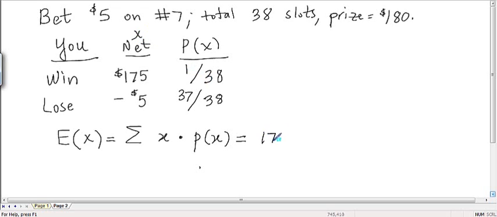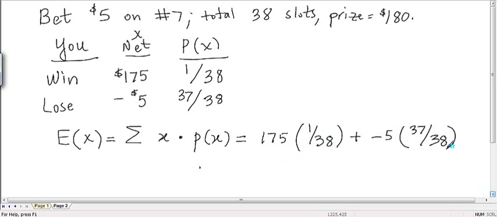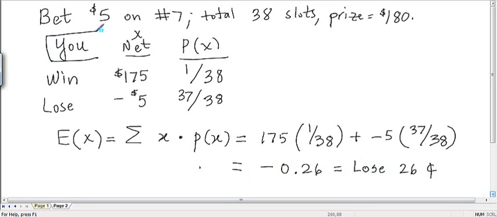So I'm going to take 175 times 1 out of 38 plus negative 5 times 37 out of 38. If you plug these numbers into the calculator, you get negative 0.26. This means that if you continue to play infinitely, you're going to lose 26 cents in the long run. This is your probability distribution and your expected value.